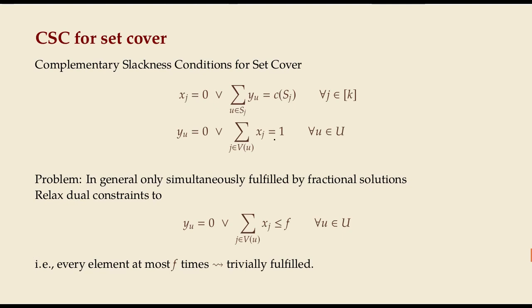And these are just the two kinds of constraints that we have. The dual constraints said that the value that we assign to the elements in the universe summed up over all elements in one of the subsets must exactly represent the cost of this set. And these were the primal constraints. If we sum up all variables for the sets that contain a certain value u, we should have at least one, or in the equality part, exactly one. So we cover everything.